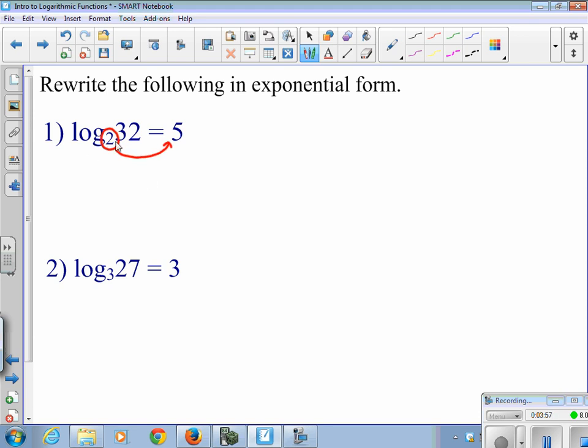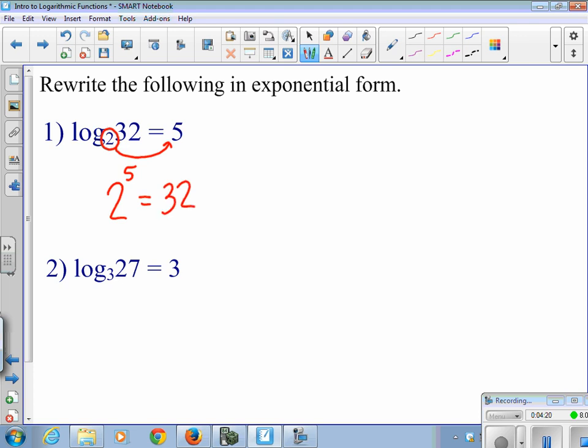Now, the little saying that I do is, this little circle is like a shell, and this little arrow is like a snail that comes out of its shell, and it eats the 5. So whenever I say shell snail, I just mean rewrite it as an exponent. So I'm going to shell snail, and that's going to tell me that 2 to the 5th equals 32.